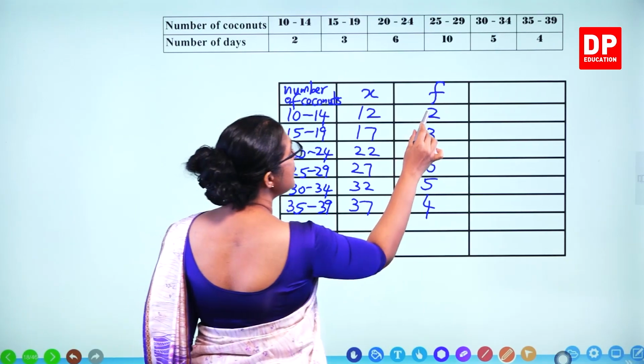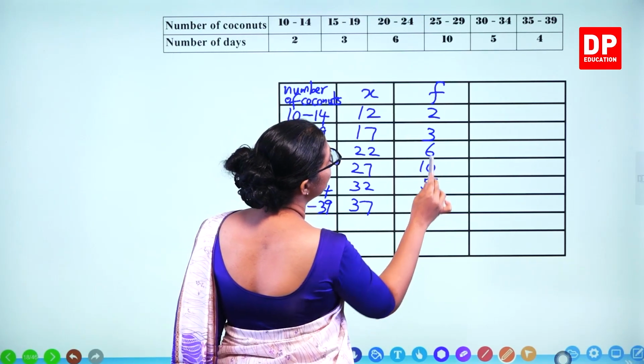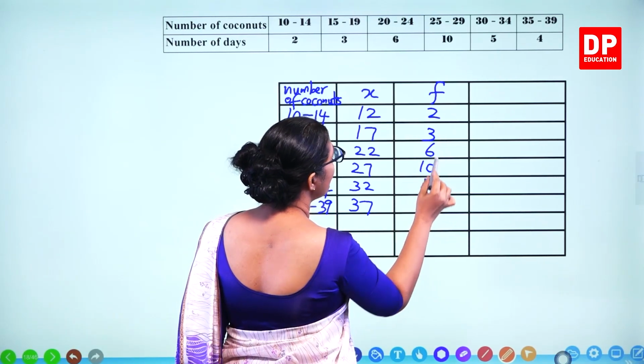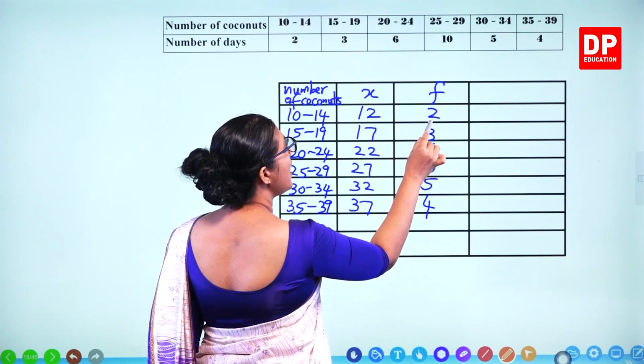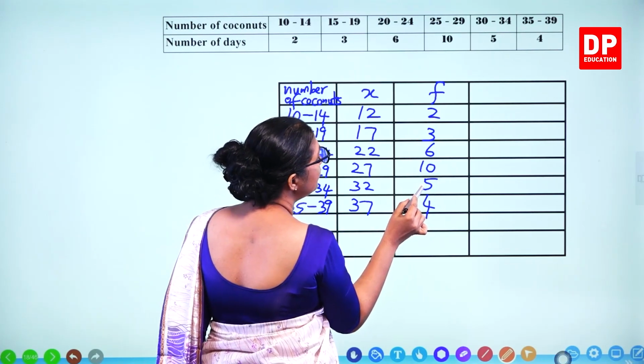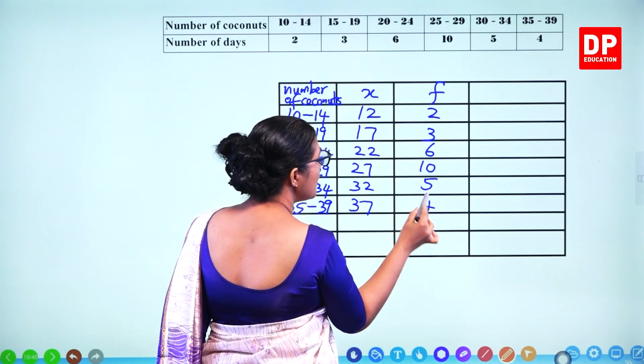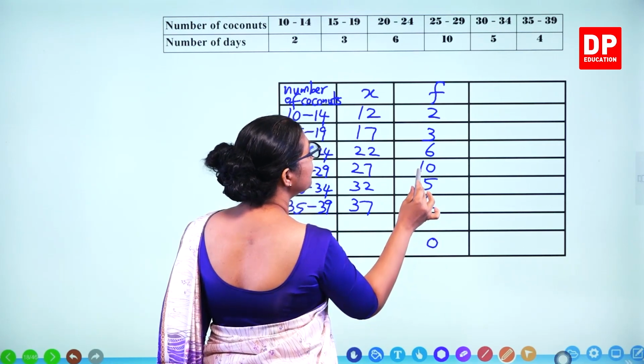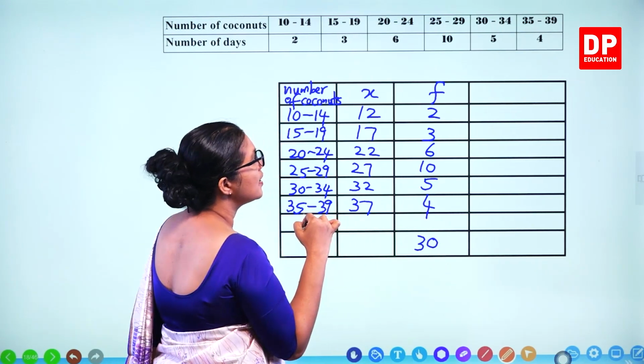So what's the total? 6 plus 3, 9, 11, 15, 20, so 30.